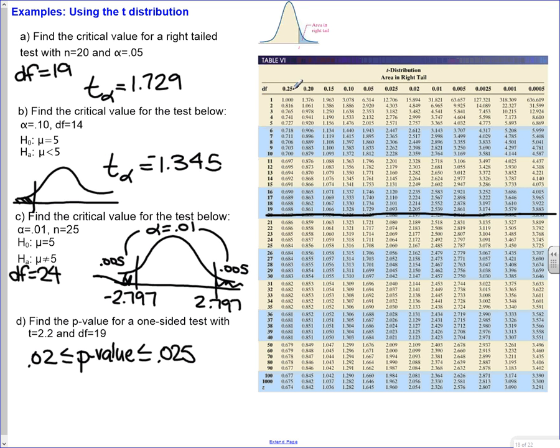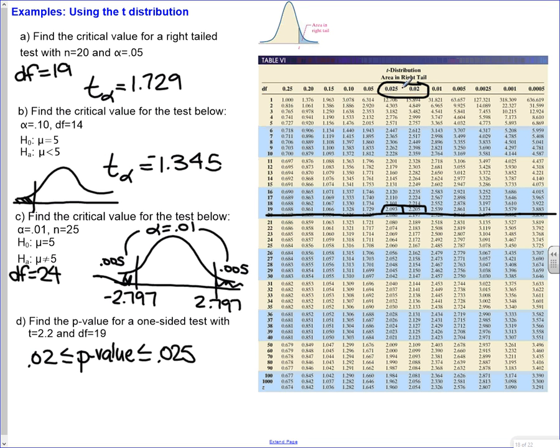Here, we only have a few of those areas given, so we're not going to have every possible p-value. So if we've got degrees of freedom of 19 and the t is 2.2, all we can do is see where it falls. 2.2 is very close to this number, but really it would just be between these two values, between 2.093 and 2.205. So we'd say that our p-value is going to be between those two values.